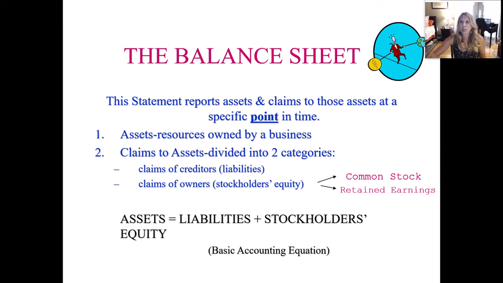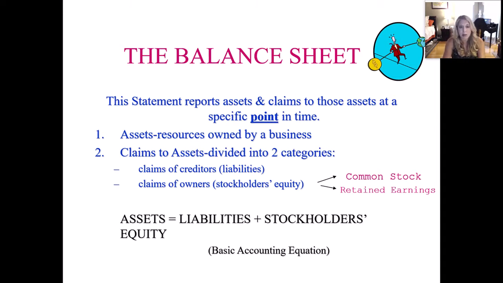And then on the other side of the balance sheet are the claims to those assets. And we divide those into 2 categories. You have your claims of your creditors, which are known in accounting as liabilities. So liabilities equals, synonymously, debt. It's your business debt. That's a fancy way of saying business debt.